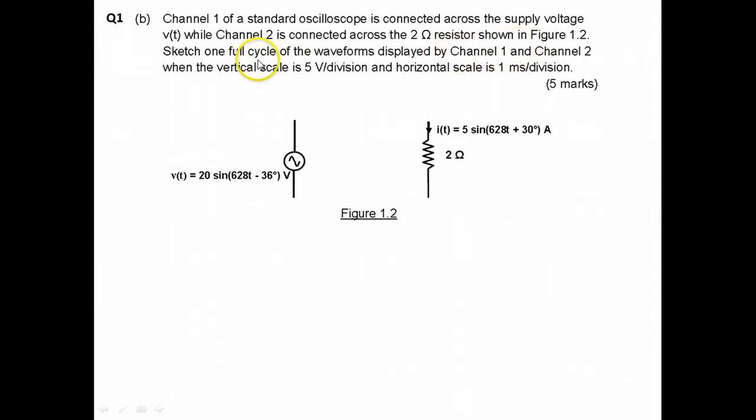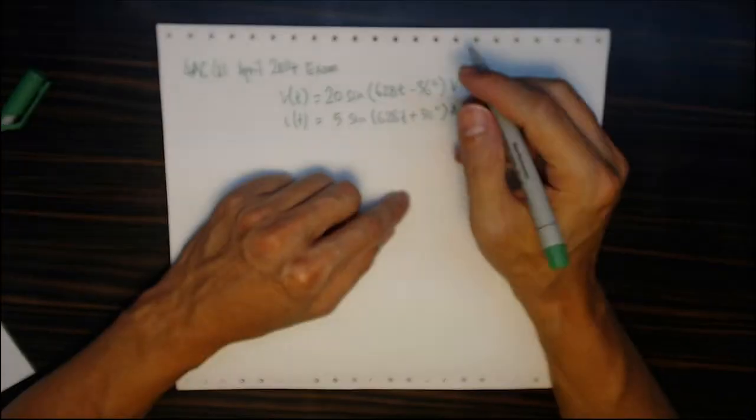So we are tasked to draw one full cycle of the waveform displayed by channel 1 and channel 2 when the vertical scale setting of the oscilloscope is 5 volt per division and the horizontal scale setting is 1 millisecond per division. So this is something you've done in your lab, right?